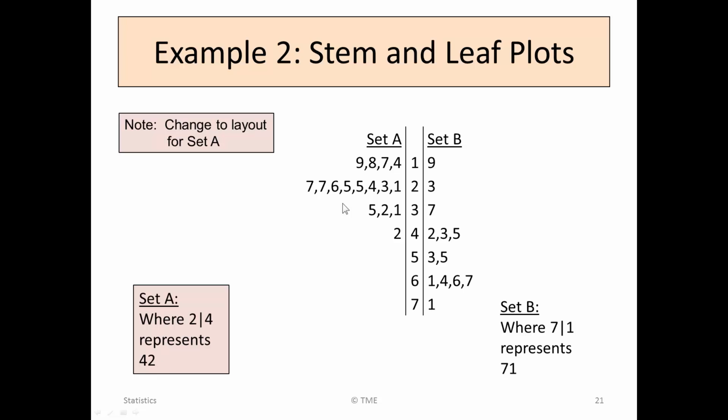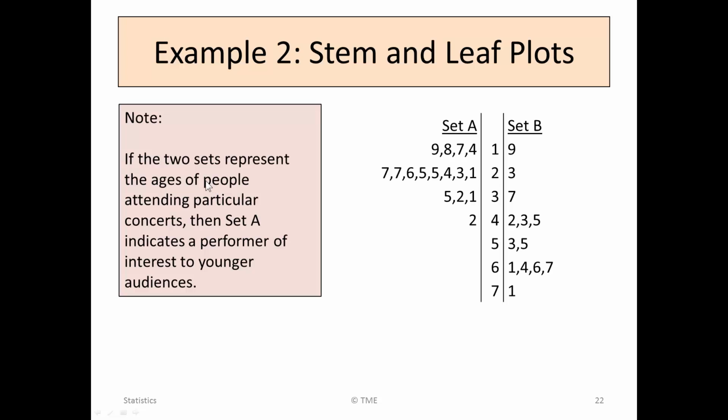But you can see from the graph here that there's a very big tendency towards the lower values in the 20s for set A than for set B. So, for example, if the two sets represent the ages of people attending particular concerts, we could see that the age profile of people attending set A indicates that the performer is of interest to younger people than this performer here, who is of more interest to older people.